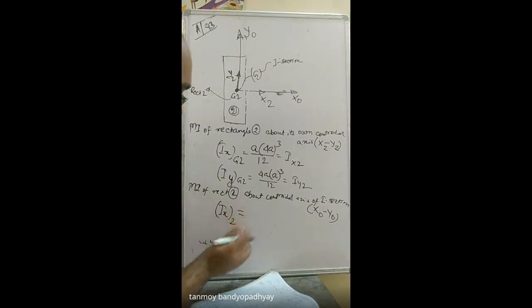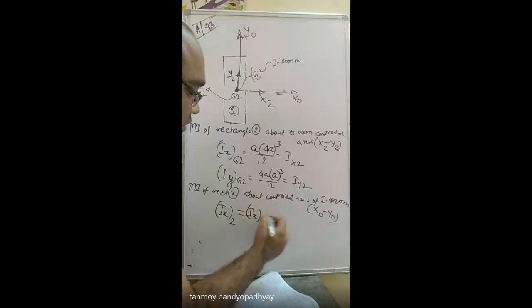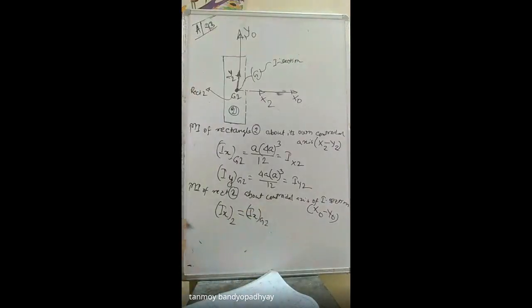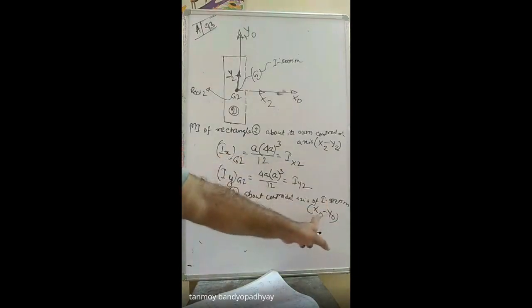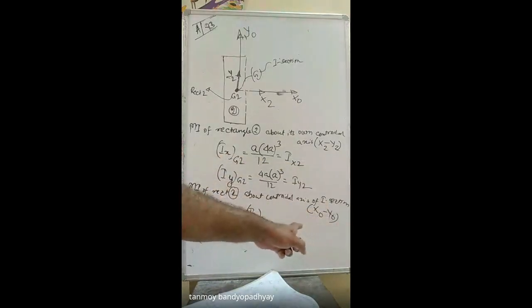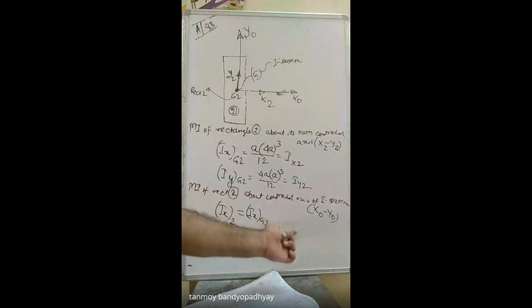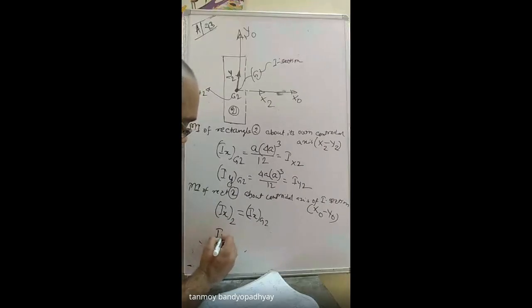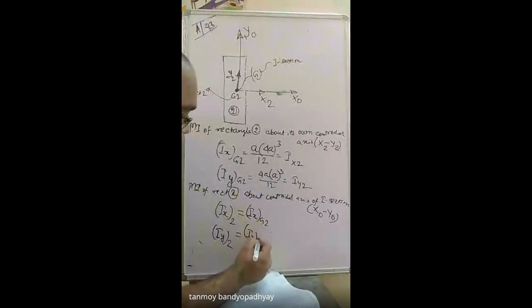This is the contribution from 2. That will be equal to Ixg2. Since the axes are coincident, there is no distance between x2 and x0. They are collinear, coincident, so the A d square term won't be there. It will be equal to Ig2 itself. And Iy2 will be equal to Iyg2 itself. So just calculate the terms and write here.